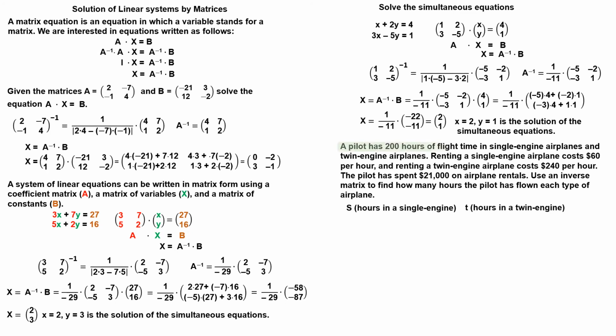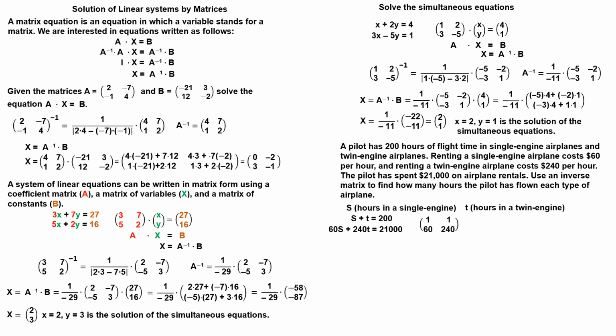The pilot has 200 hours of flight time in single-engine airplanes and twin-engine airplanes. So S plus T equals 200. Renting a single-engine airplane costs $60 per hour, and renting a twin-engine airplane costs $240 per hour. The pilot has spent $21,000 on airplane rentals, so 60S plus 240T equals $21,000.